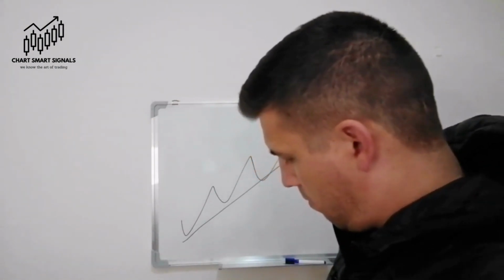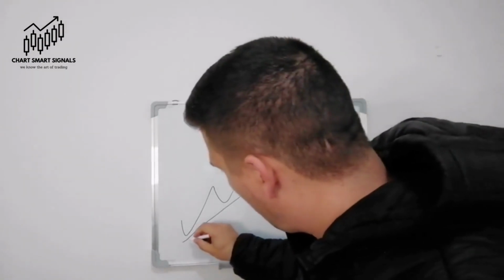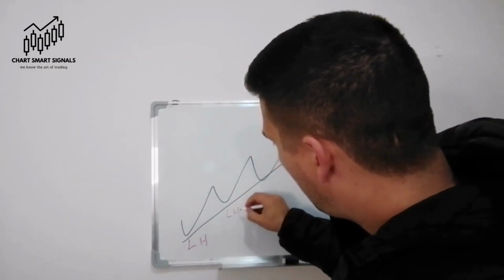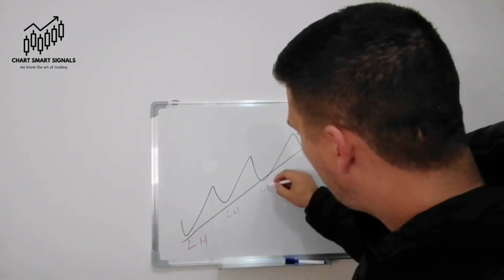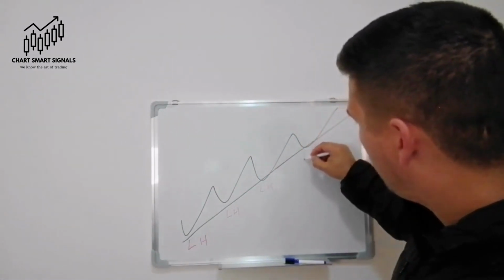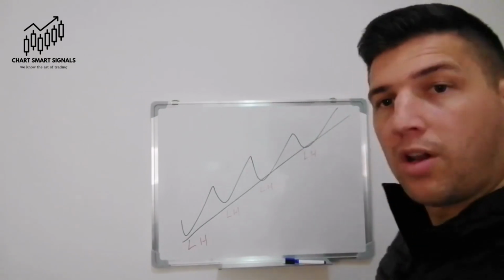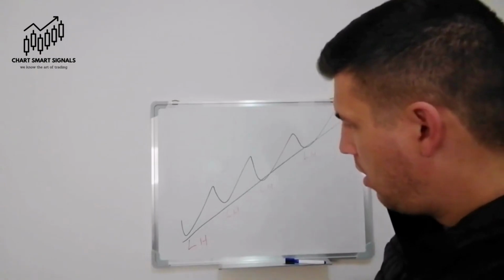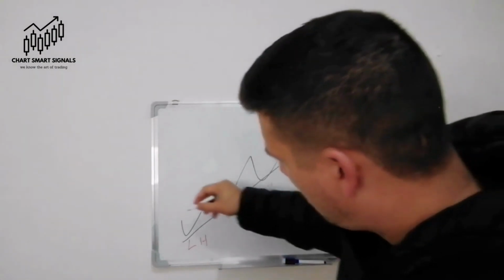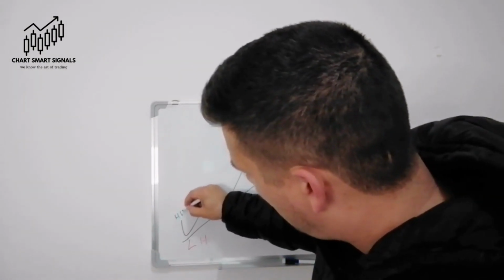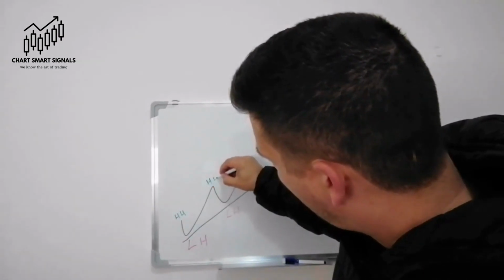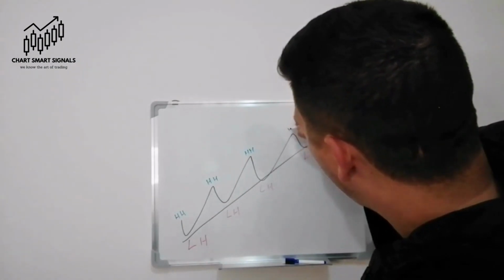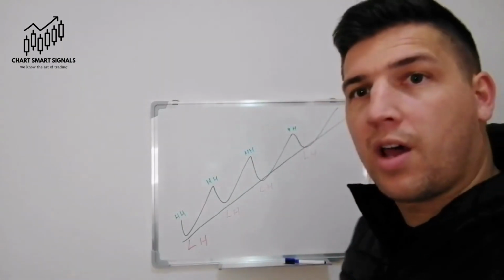is a lower high, lower high, and another lower high. All right. Then on the other side, we're going to see this higher high, higher high, and another higher high.